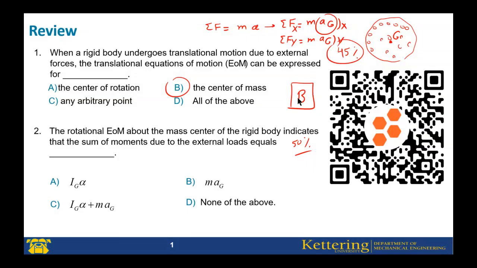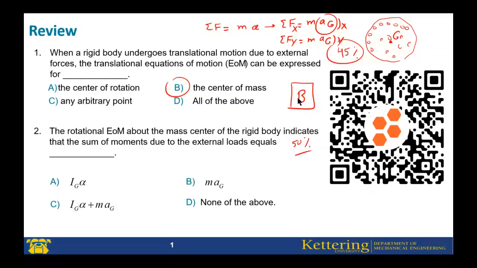Second one, the rotational equation of the motion about the mass center of the rigid body indicates that the sum of the moments due to external loads equals to... For the second question, I'll just give you some tips on how to find the answer. For example, you do not know about this.